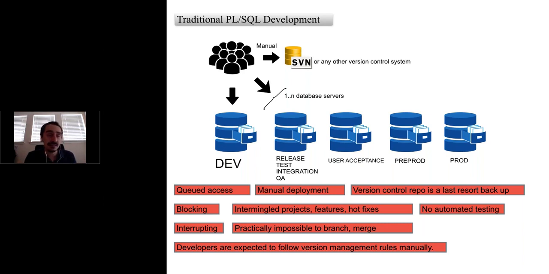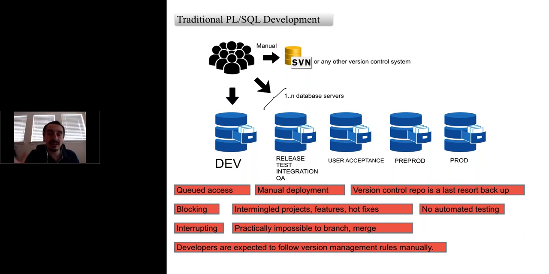It's a blocking access, so you block each other. If I'm working on a package, you are not working on a package, and the blocking is sometimes not even implemented. It's interrupting. Even if I'm not blocking you because you work on a different package, I might interrupt you because what I do in one package might affect what you are doing in this other package.